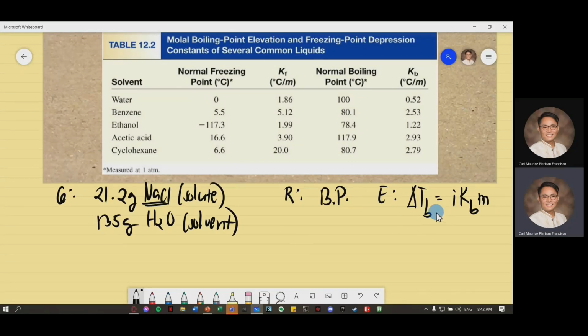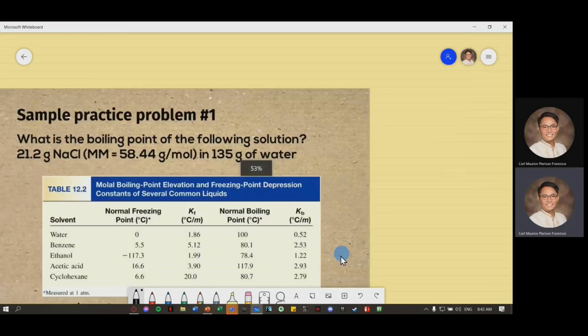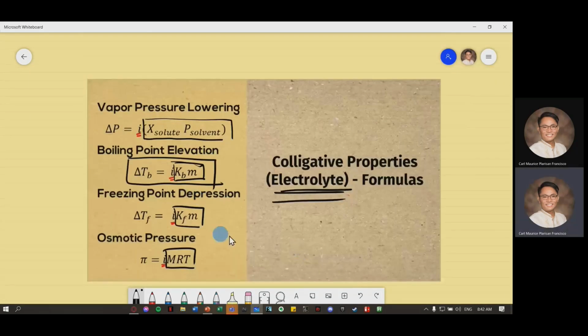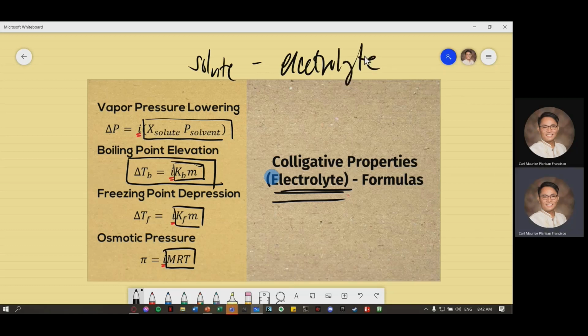Gagamitin lamang ang equation ng pang-electrolyte or colligative properties of electrolyte solution sa tuwing ang solute ay electrolyte. Okay, so ulitin ko po. We will only use the equations for electrolyte colligative properties if the solute is an electrolyte.